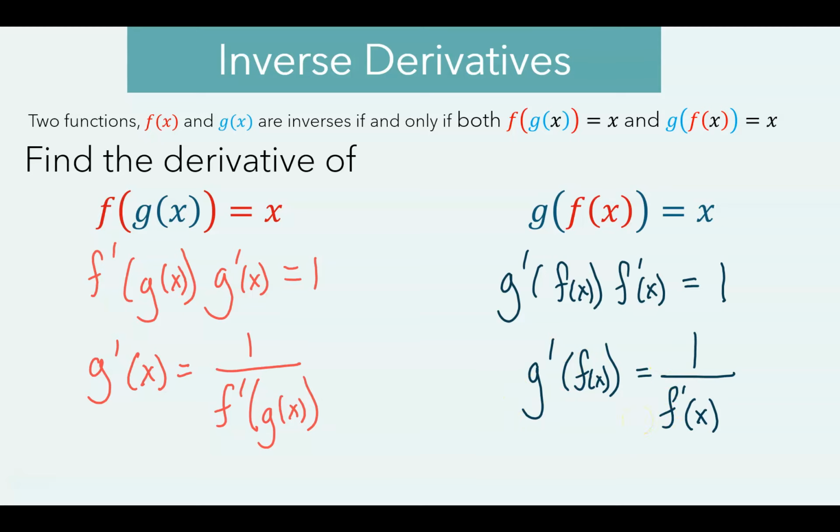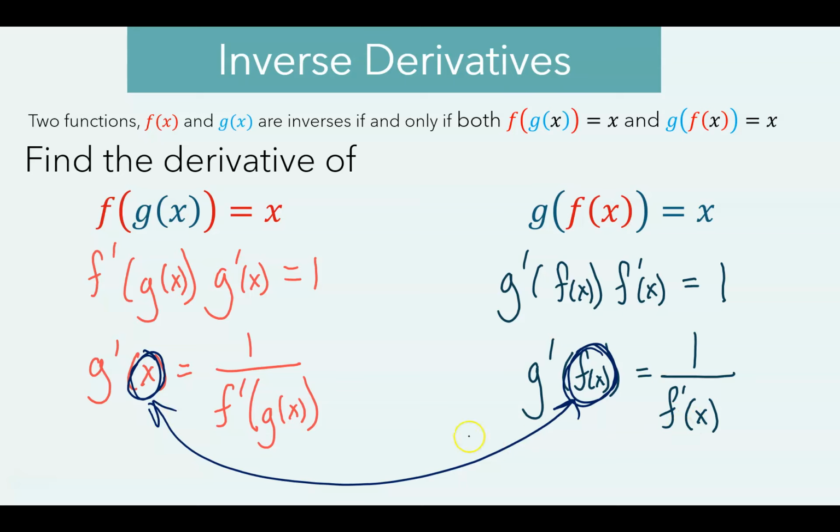But remember, these actually do convey the exact same information, because this is g prime of some x value, and some x value in g is going to correspond to the y value in f. So these actually refer to the exact same number.